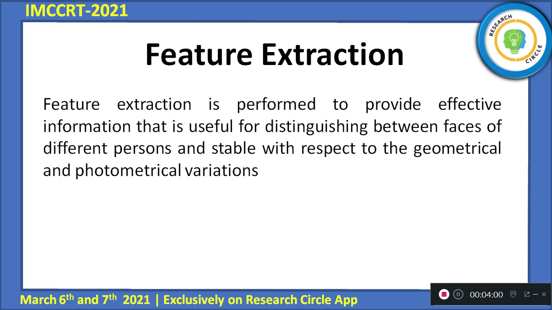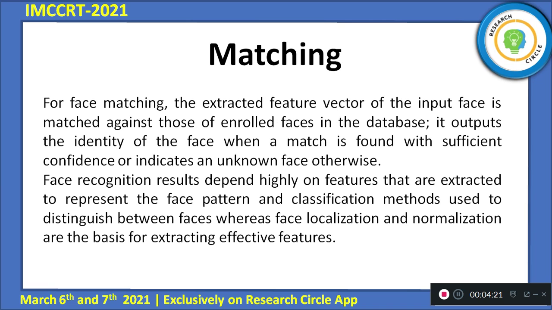Feature extraction. Feature extraction is performed to provide effective information that is useful for distinguishing between faces of different persons and stable with respect to geometrical and photometrical variations. Matching.